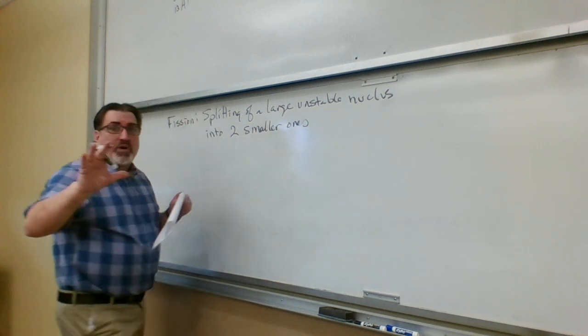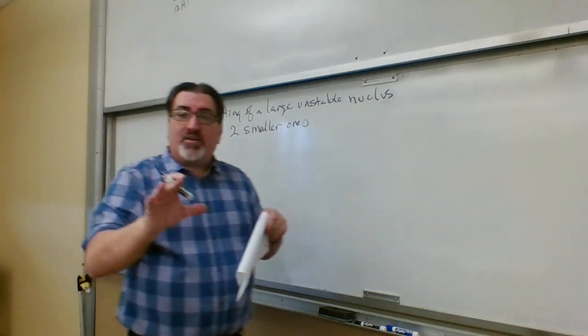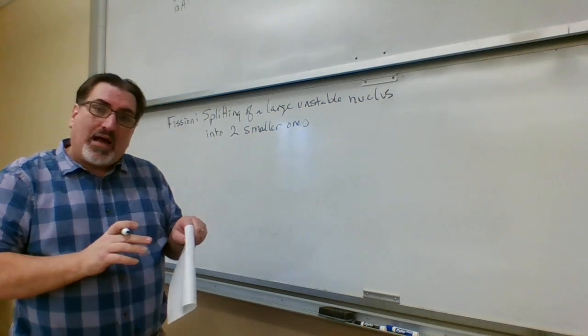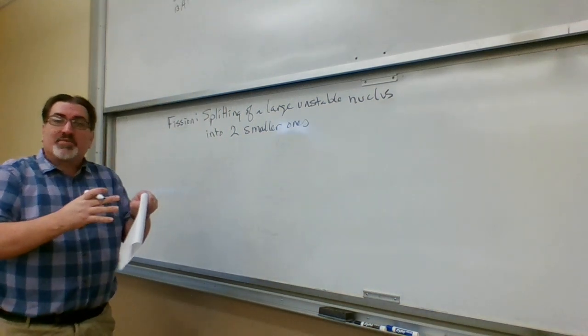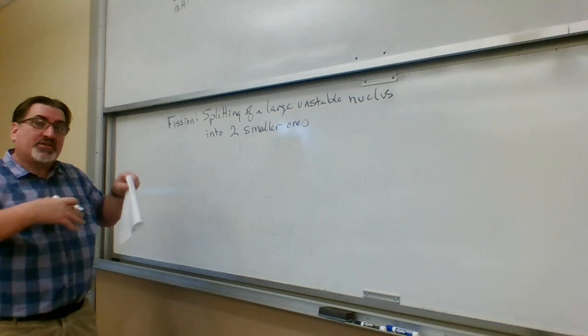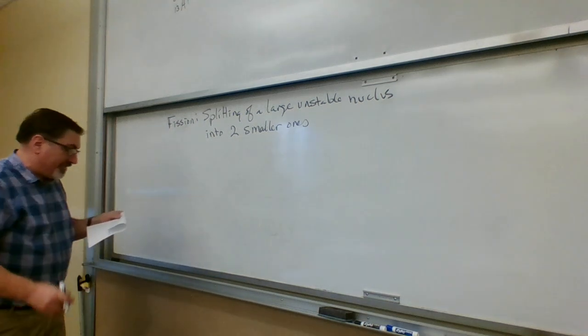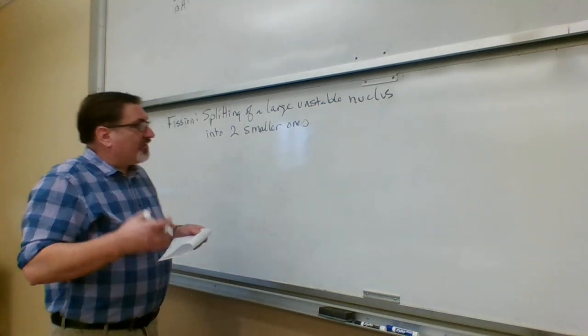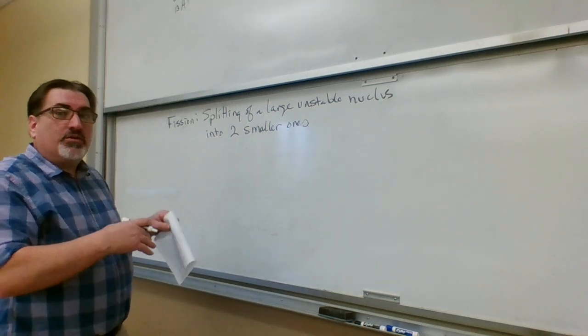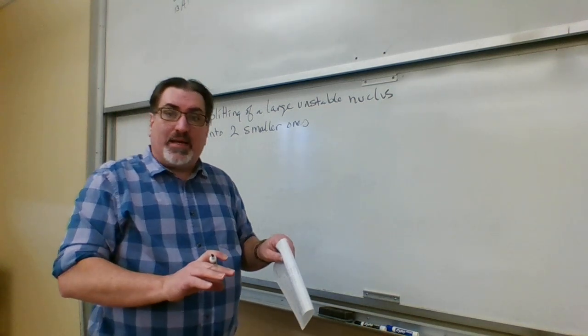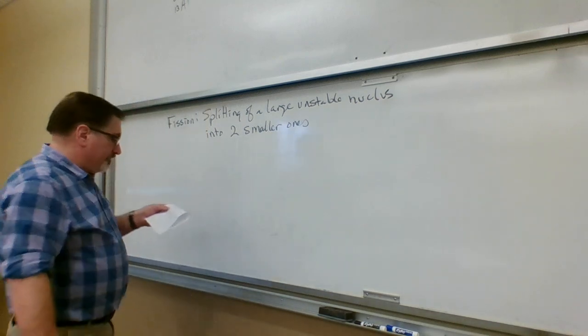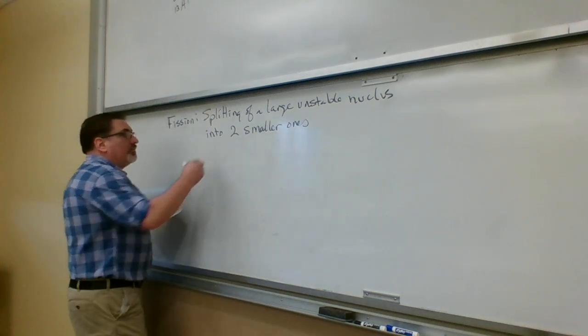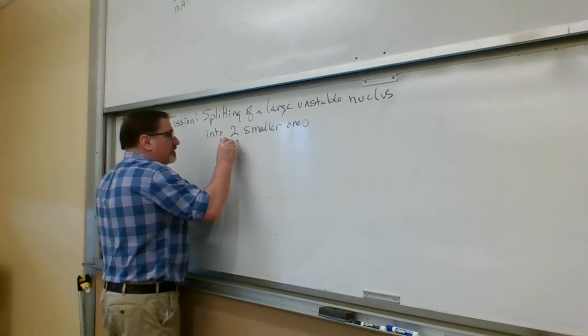And remember what I said during the binding energy video. The two smaller atoms don't require as much total binding energy as the one bigger one did. So there's extra energy that's given off in this process. Okay? So breaking of a large unstable nucleus into two smaller ones that are each more stable than the original one was. Okay?